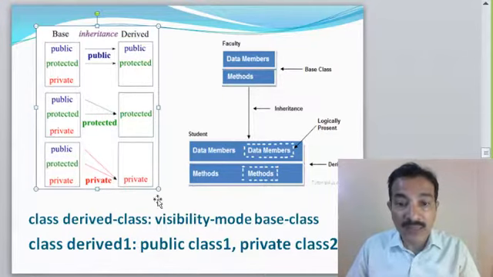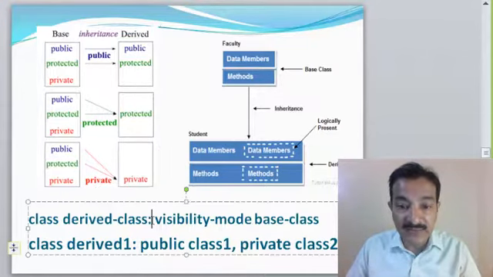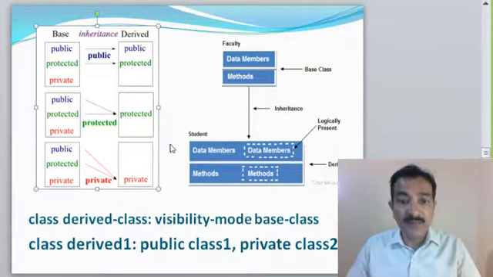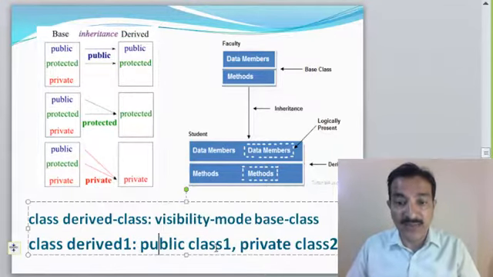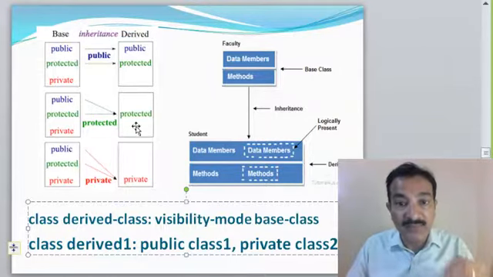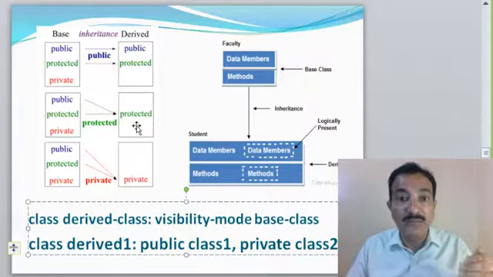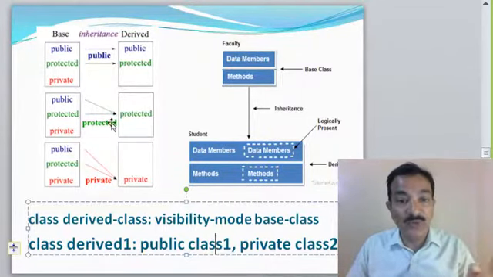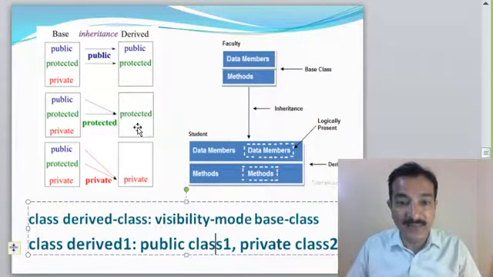But if the visibility is protected, like if you say protected class 1, then the derived class will be able to inherit both the public and the protected class members.